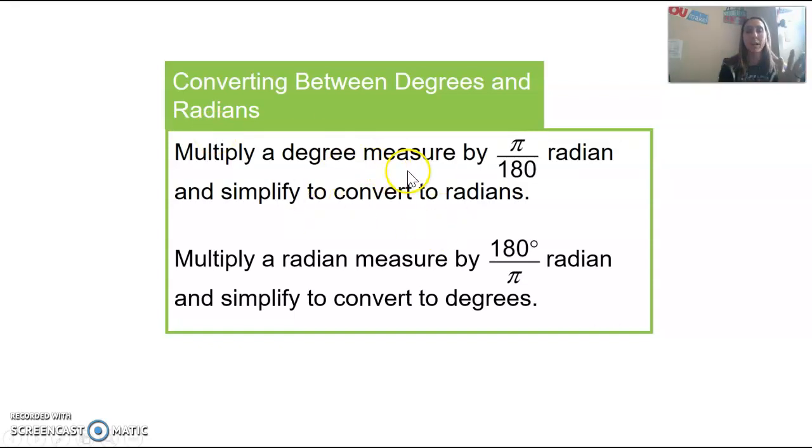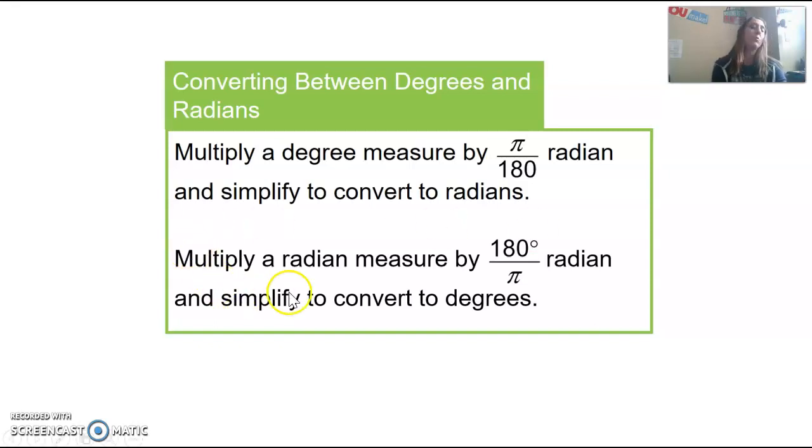We're going to multiply those degrees by pi over 180 and then simplify to convert to radians. We are going to leave radians in terms of pi unless I give you something like 14.7 degrees. If we were to convert that, I would just keep that as a decimal. But otherwise, we are going to keep all radians in terms of pi.